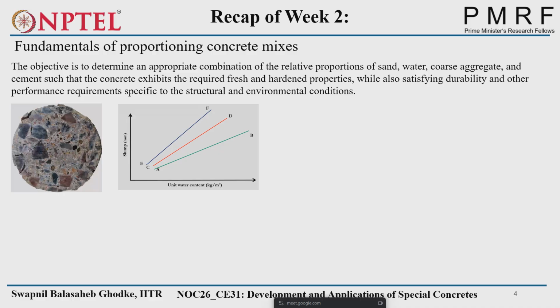This is a simple observation: if we increase the water content, flow will be more, workability will be more, and we get a higher slump value. If the water content is less, we get a lower slump value, a stiffer concrete. For that we have to go with different tests, like the VB time test. We saw that, right?